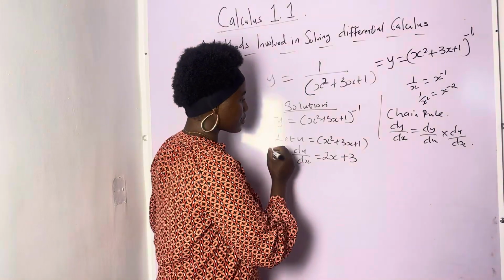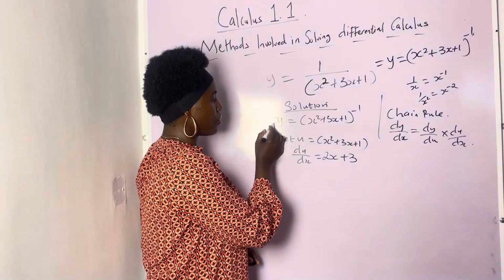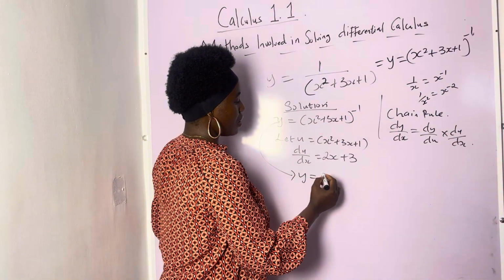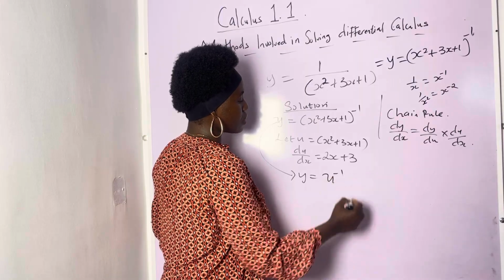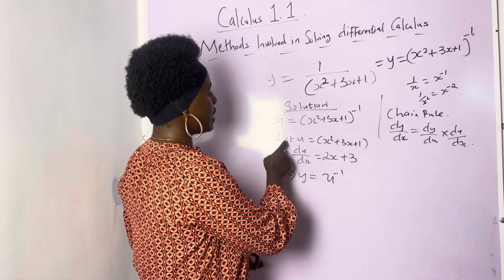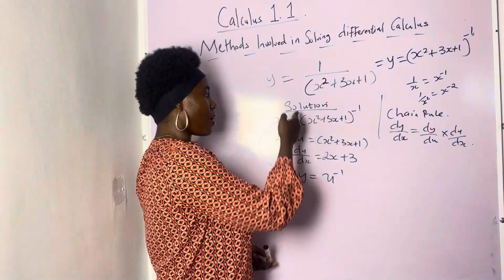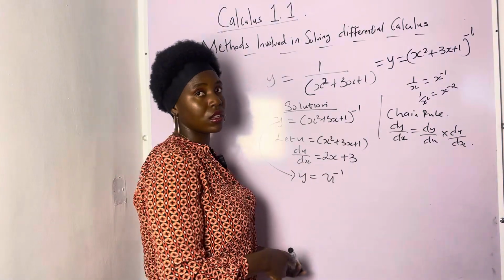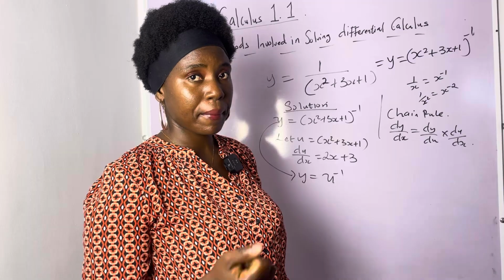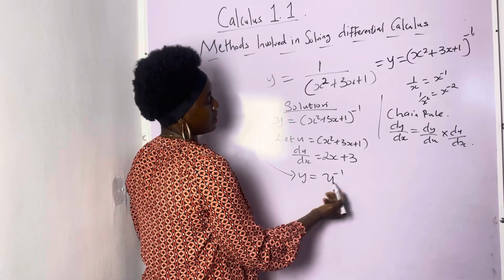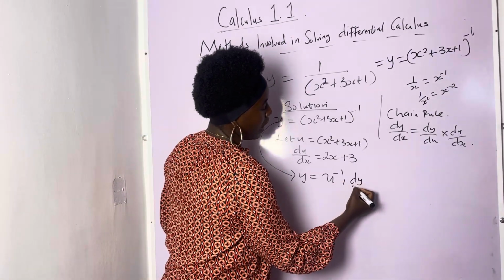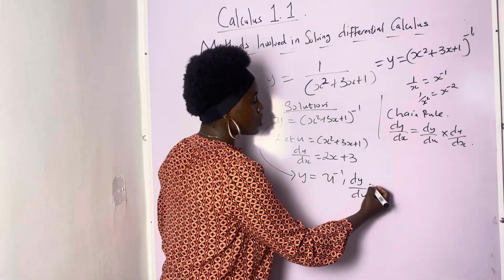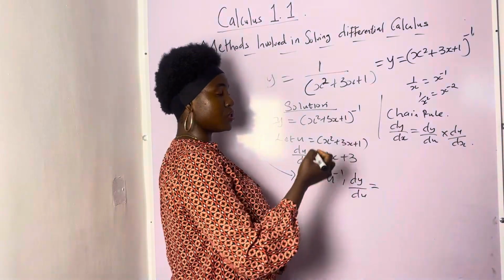Now, can we rewrite this? Can we say our y will now be u to the power of minus 1? Mind you, we said let u be this, so that y is now equal to u to the power of minus 1. Now we have dy with respect to du, because the function here is u. Let's differentiate this using the power rule.